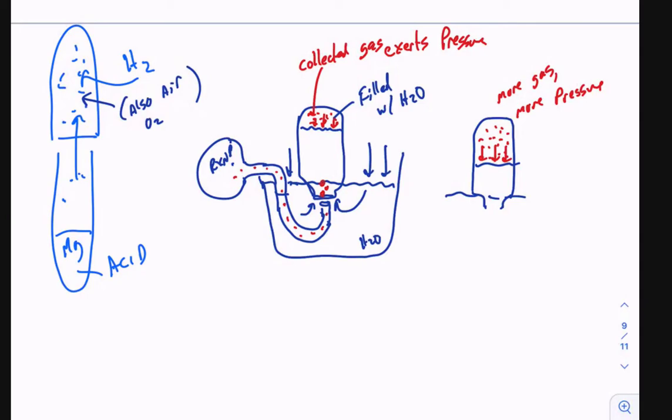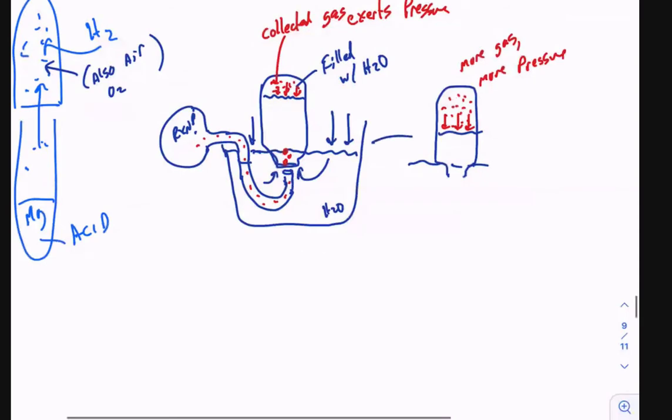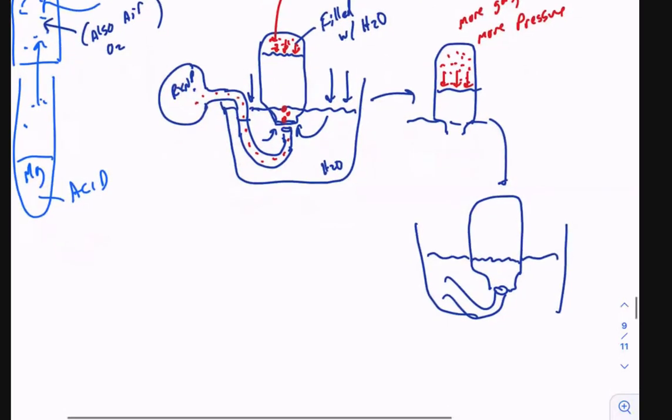Now, getting to the critical part. Eventually the water level on the outside of the bottle will equal the water level on the inside. Okay? This is critically important right here.